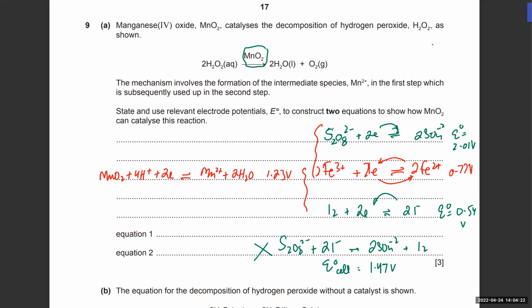Now, the mechanism involves the formation of Mn2+ in the first step. So MnO2 in the first step changes into Mn2+. It gains electrons. That means this must be the higher potential because it's gaining electrons, right?